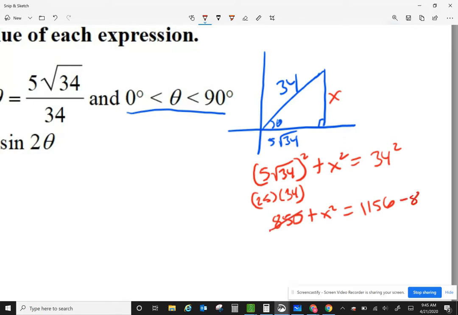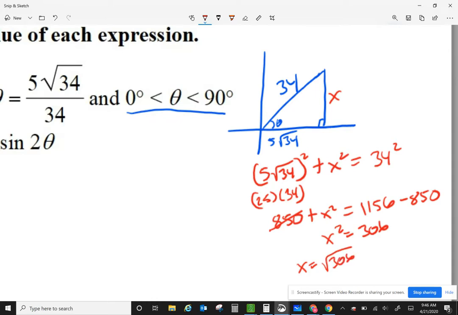Let me subtract 850. So I have that x squared is equal to 306. That's not a perfect square, but I have that x is equal to the square root of 306.